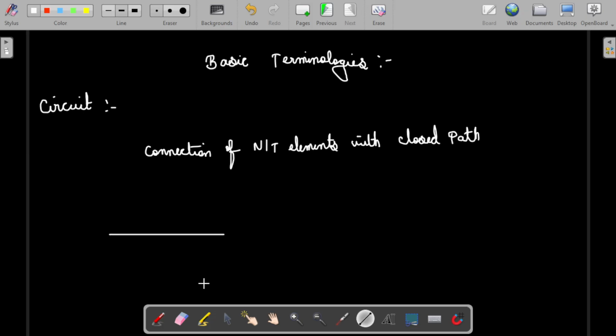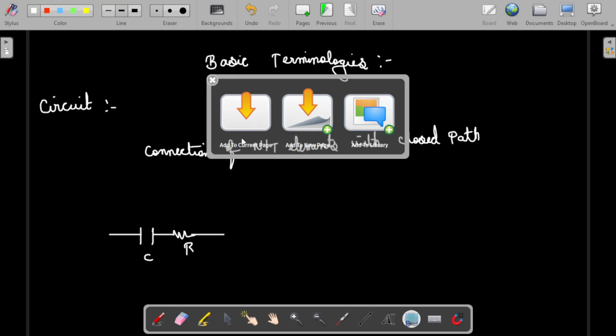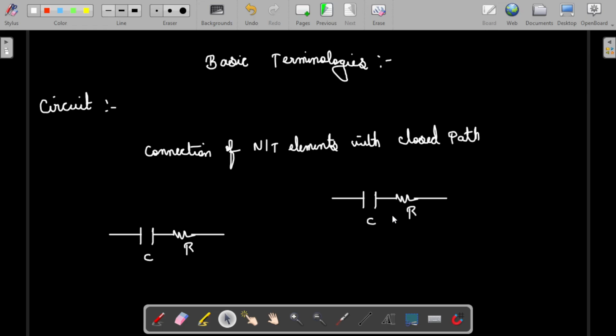If we take an example, let us take an RC connection, so capacitance and resistance. Here it is like this, and there is another circuit, the same, but if you see, it is connected to a battery and the circuit is closed.